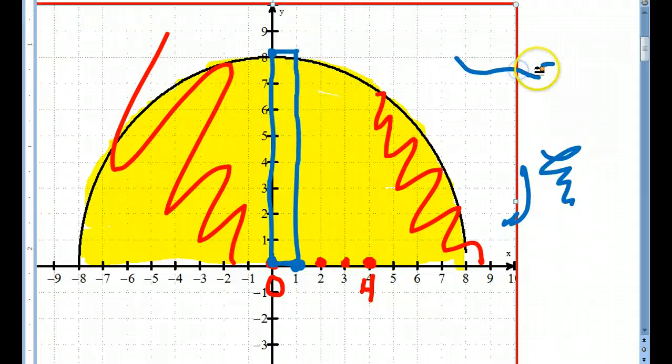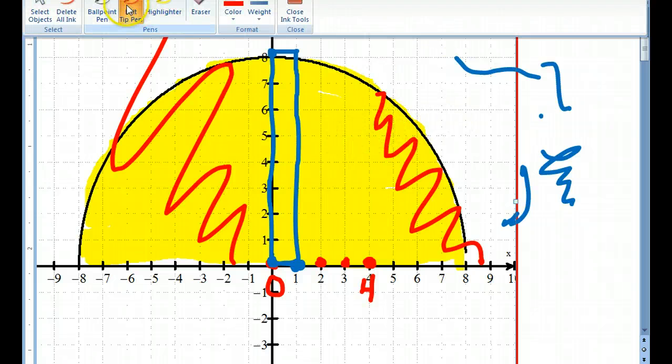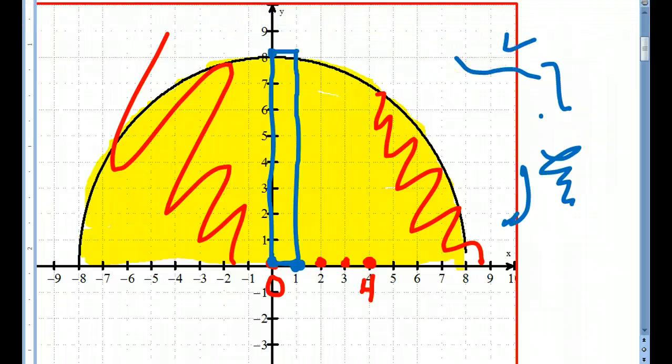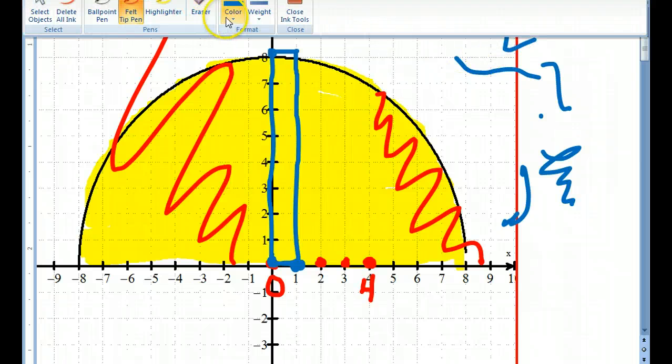It's still not doing it. It's probably a different kind of pen. Alright. Fantastic.